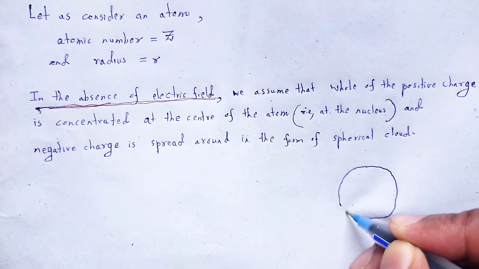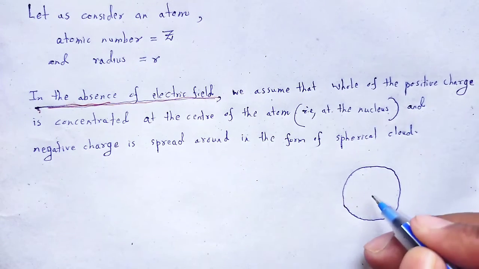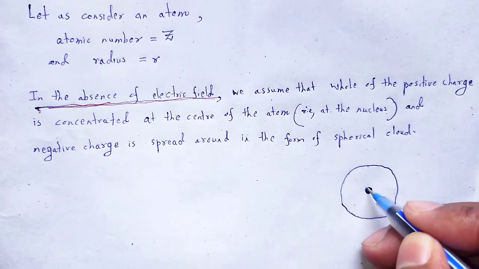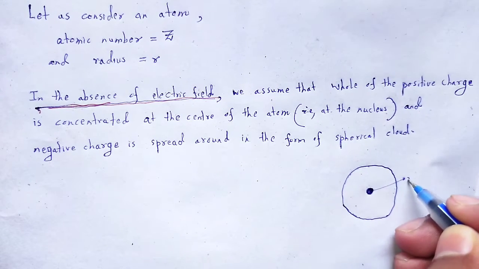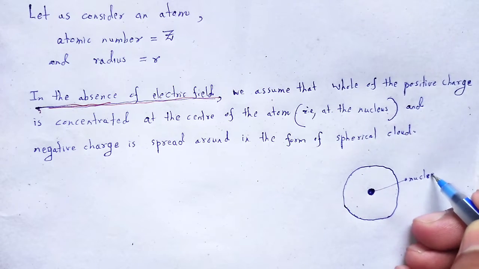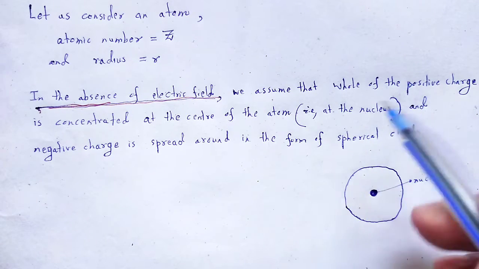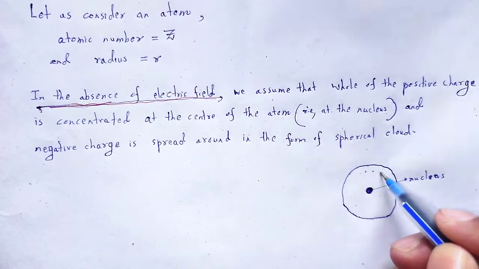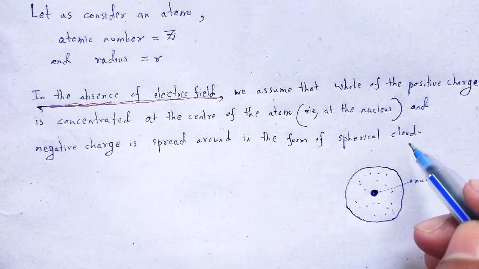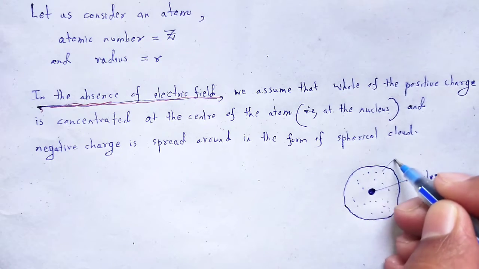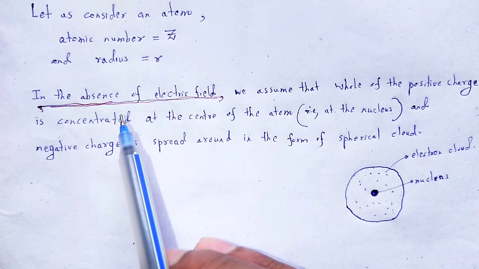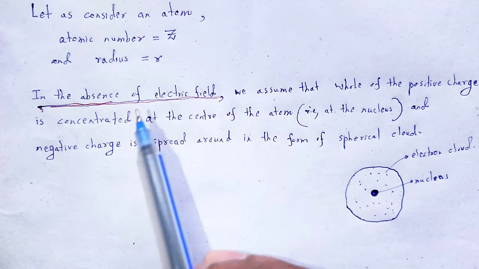In the case of that particular atom, we assume the whole of the positive charge is concentrated at the center, which is also known as the nucleus, and the negative charge is spread around the nucleus in the form of a spherical cloud, the electron cloud, when there is no electric field.